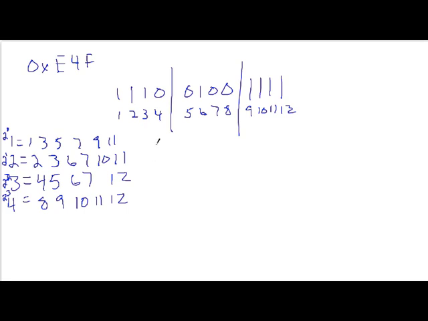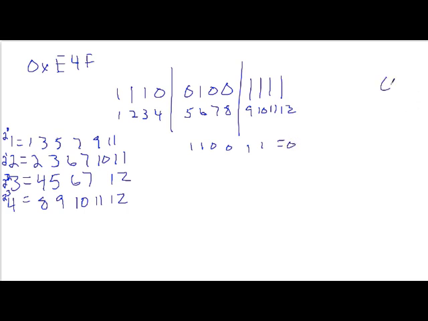And so for the one position, we have all the odd ones, right? So if you look up here, the odd ones are 1, 1, and then 0, 0, 1, and 1. Well, the parity of that is 0.